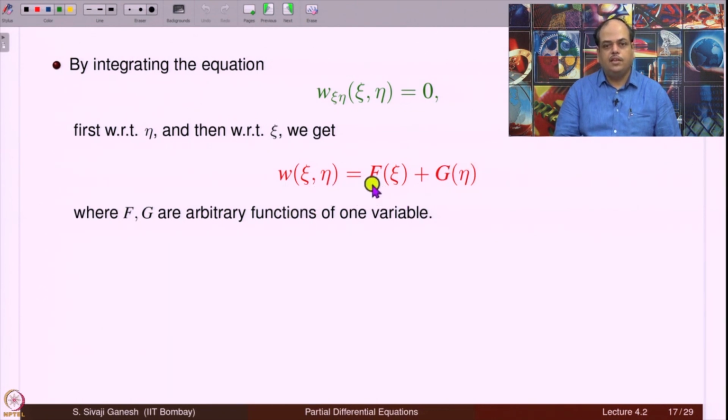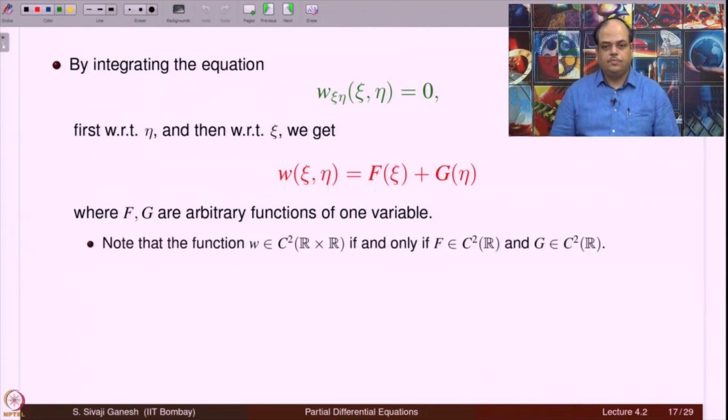So, w is f xi plus g eta. So, note that the function w is C2 on R cross R if and only if the capital F is C2 and capital G is C2. So, w is a C2 function if and only if F and G are C2 functions.